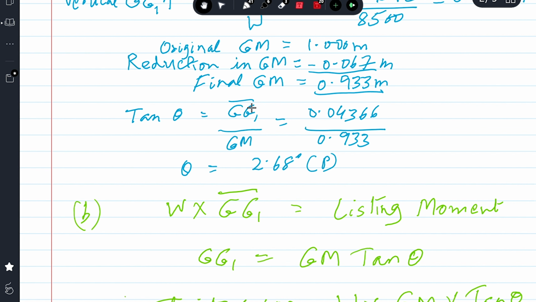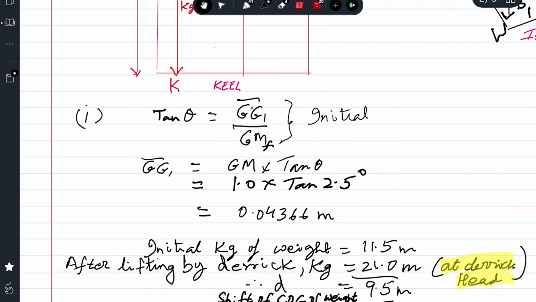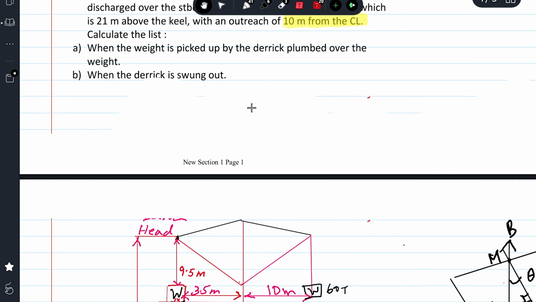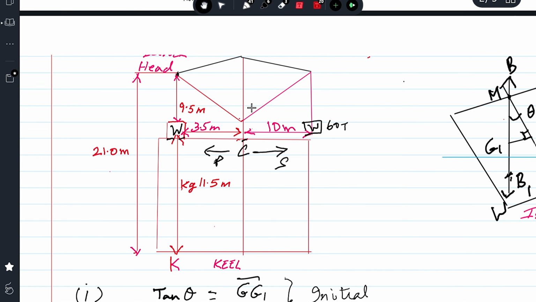Now the second part is when the derrick has been swung out to the starboard side. The weight has been picked up. The derrick head remains the same, 21 meter above the keel, and it has just been swung to the starboard side.